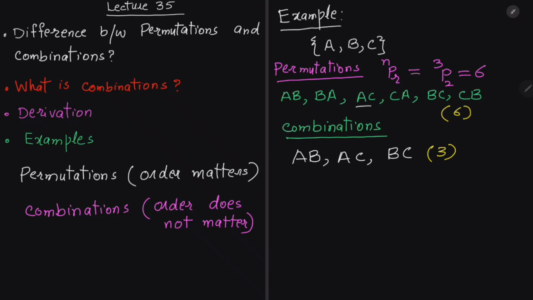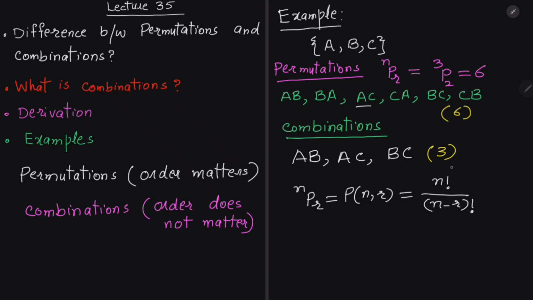We know that nPr, which is permutation, can be written as P(n,r), and it will be equal to n factorial divided by (n minus r) factorial. We already derived this formula in the previous video.